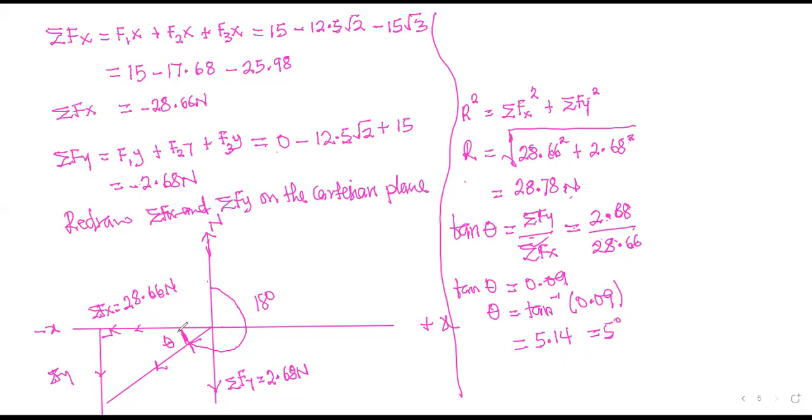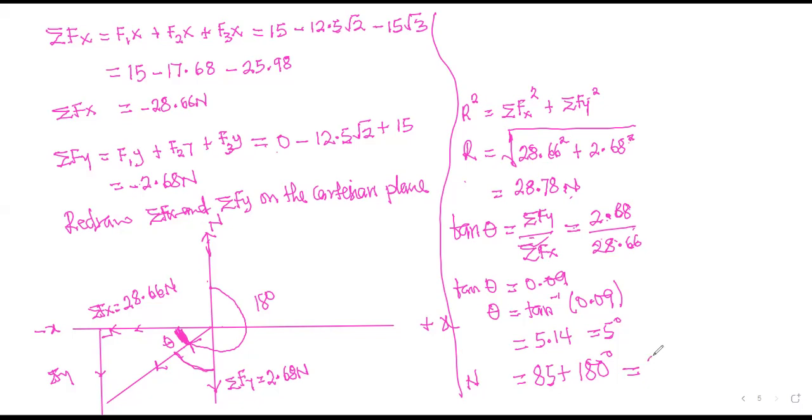So what it means is that this small angle to the west is 5 degrees. So if I'm here, if theta is 5, what will be this angle here? That will be 85. So the direction of the resultant from the north will be equal to 180 plus 85.